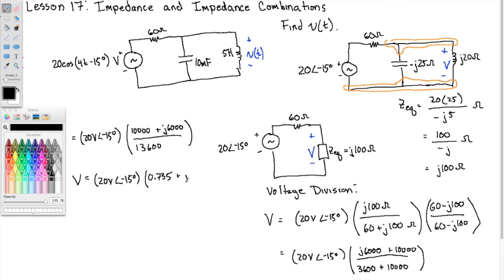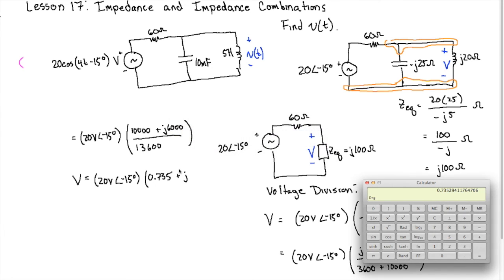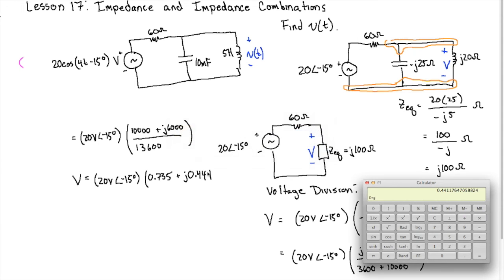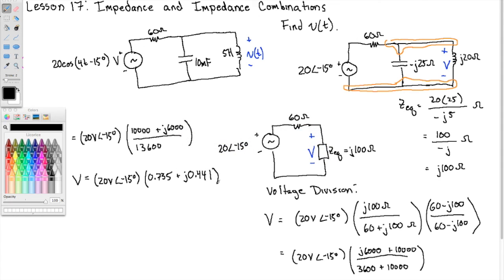And then we'll do the imaginary part. This is 6,000 divided by 13,600, which is 0.441, I think. Yes. Okay.